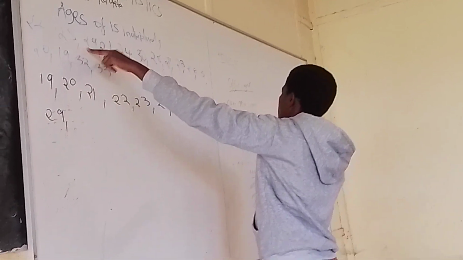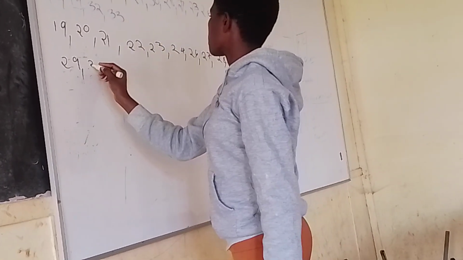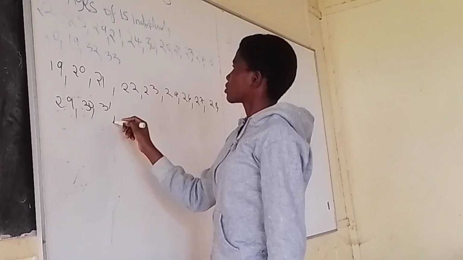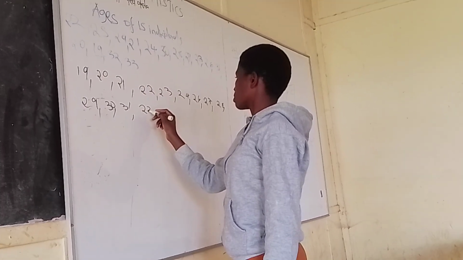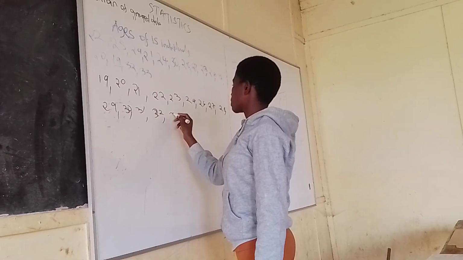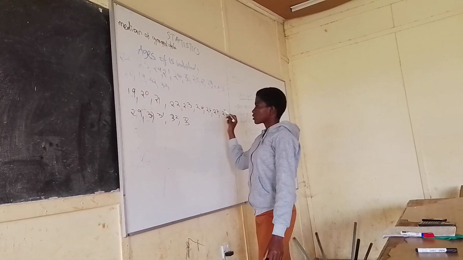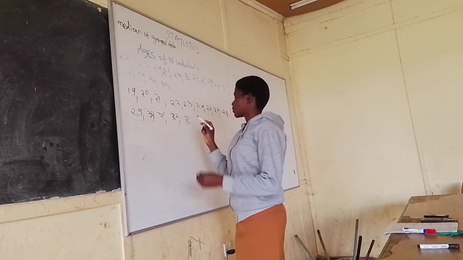After 29, we have 30. Then we have 31, 32, then 33. 1, 2, 3, 4, 5, 6, 7, 8, 9, 10, 11, 12, 13, 14, 15.